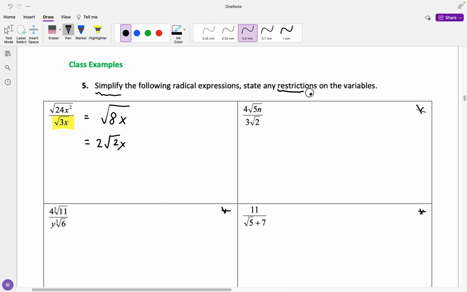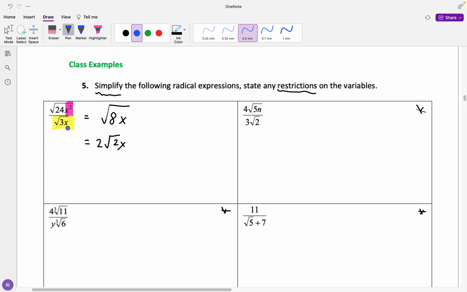Restrictions. You always have to take the most restrictive restriction. So if I look at this one, there is no restrictions because that becomes positive. When I look in the denominator, x has to be positive. Well, greater than or equal to 0, but it is on a denominator.